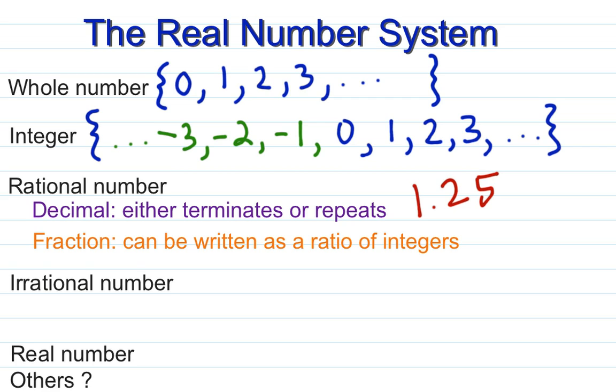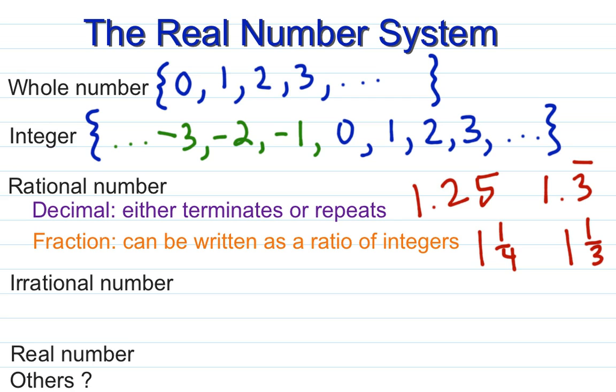One that repeats, for example, would be something like 1 1/3, which can be written in decimal form as 1.3 with this bar over it, meaning there are repeating threes, so 1.3, 3, 3, 3, 3, etc. Written in fraction form, both of these numbers would be what I said the first time, 1 1/4 and 1 1/3.